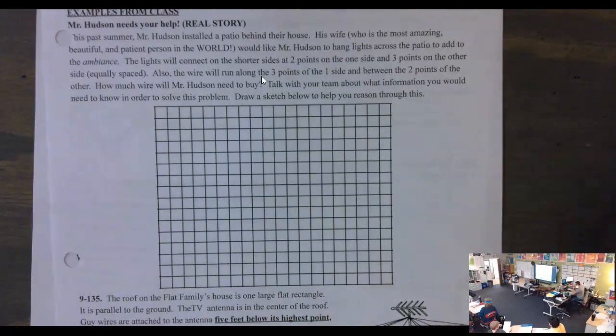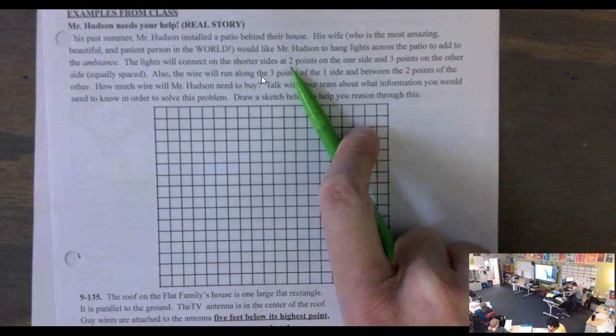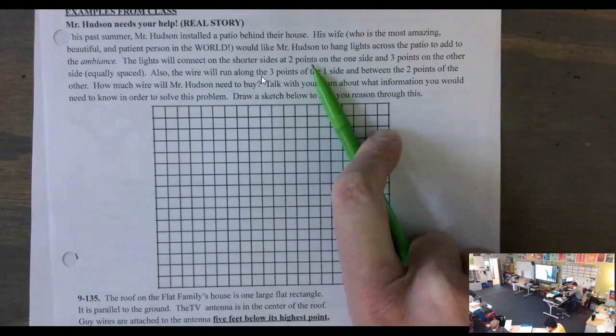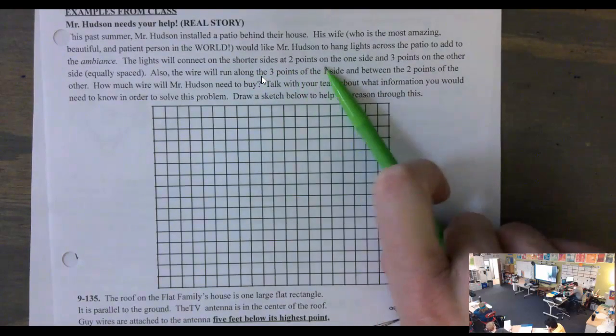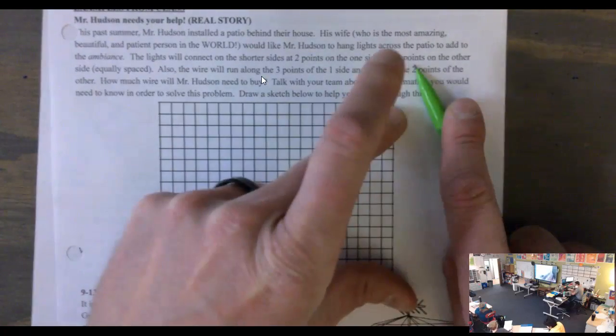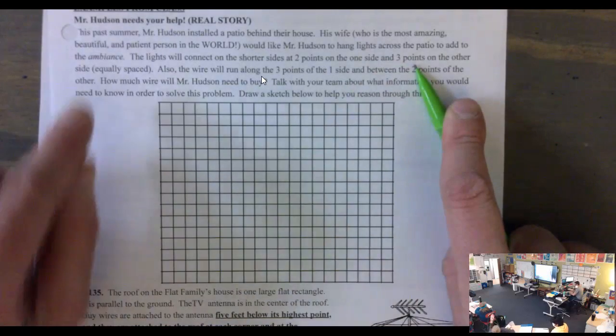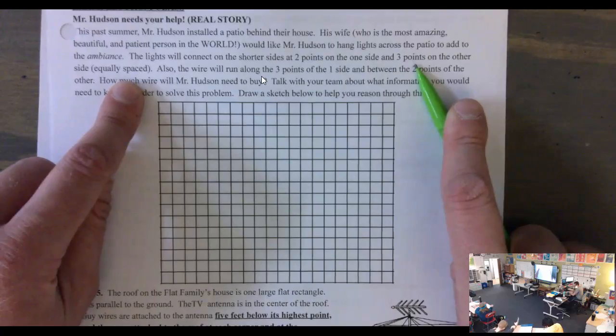So, the lights will connect on the shorter sides at 2 points, on the shorter sides, so here and here, 2 points on one side, 3 points on the other side, right? Equally spaced out. So here is your task.